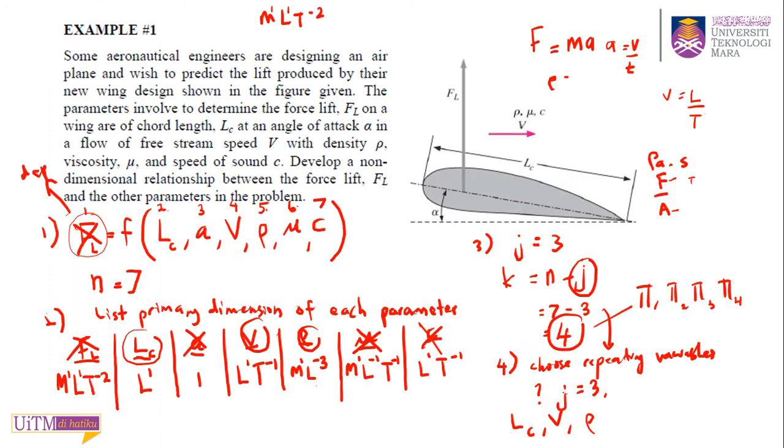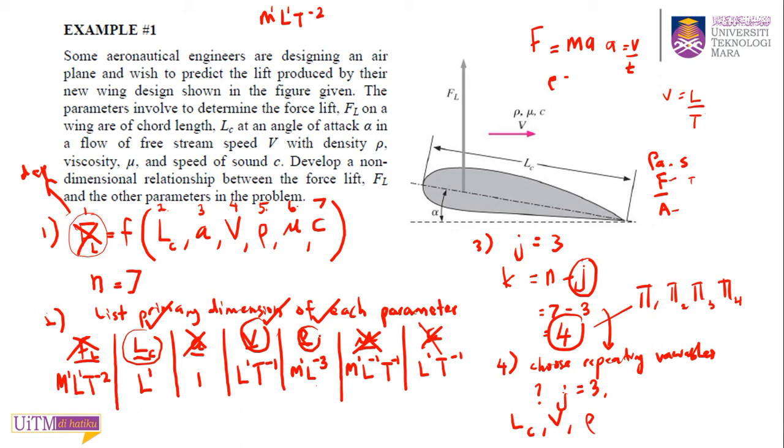Okay, so now you do one by one: pi 1, pi 2, pi 3, and pi 4. So now we do pi 1 first. Look at these parameters. Now your repeating variables are L, V, and rho. Three repeating variables.